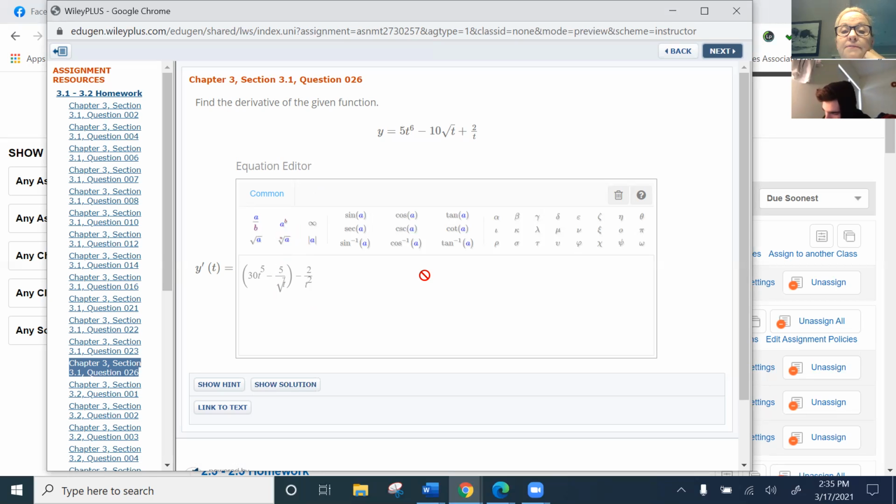Gotcha. And then this would be like 1 over t times 2, and 1 over t is the same thing as t to the negative 1 power. So it'll be 2 times t to the negative 1 power. Yeah. Gotcha.